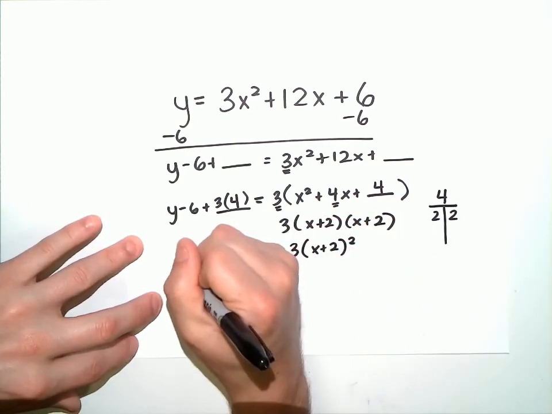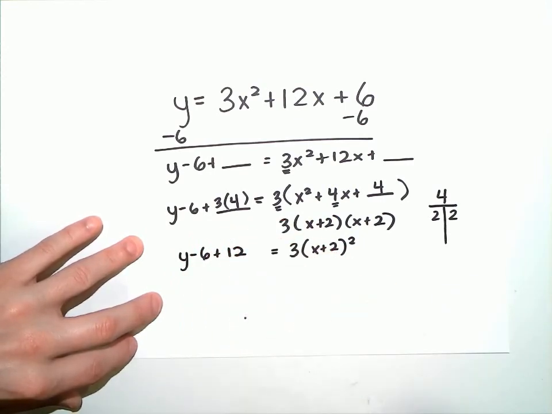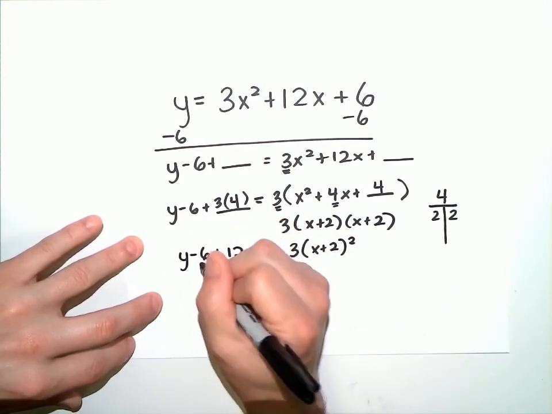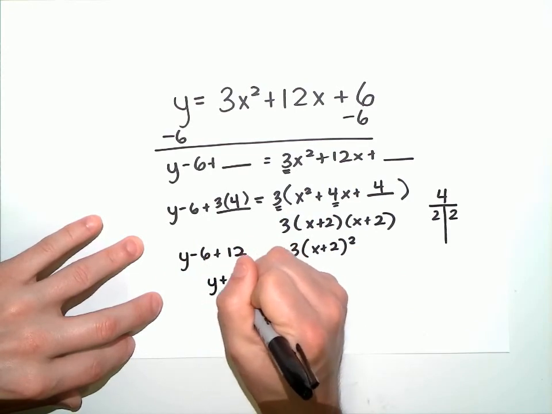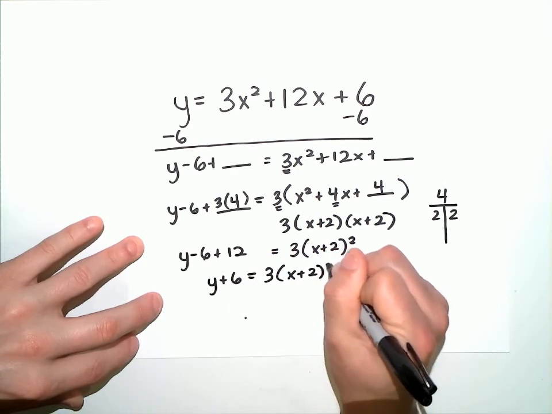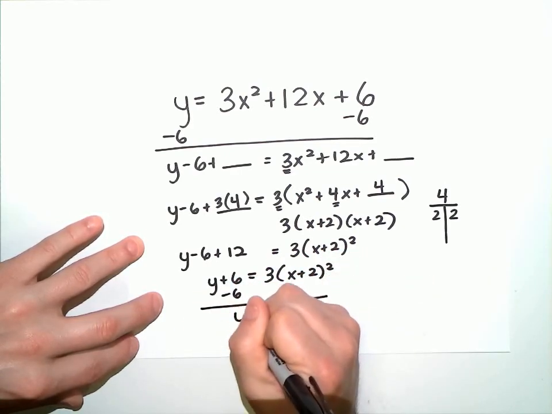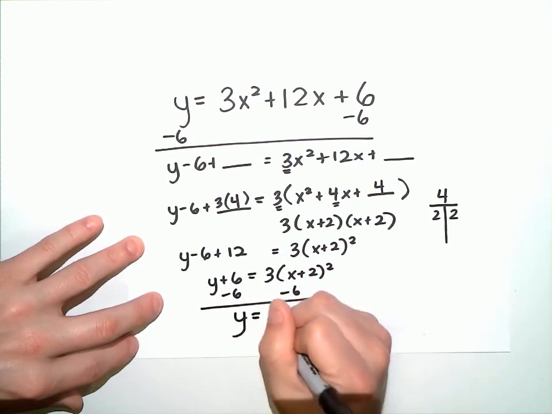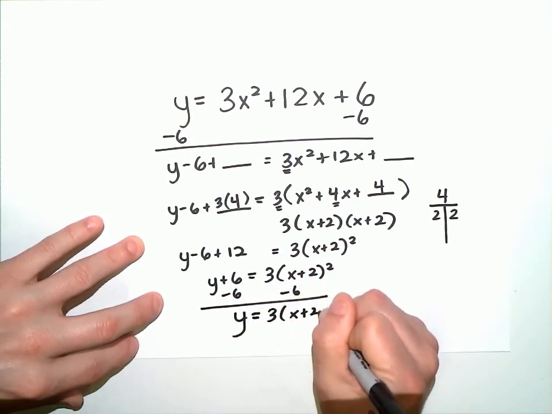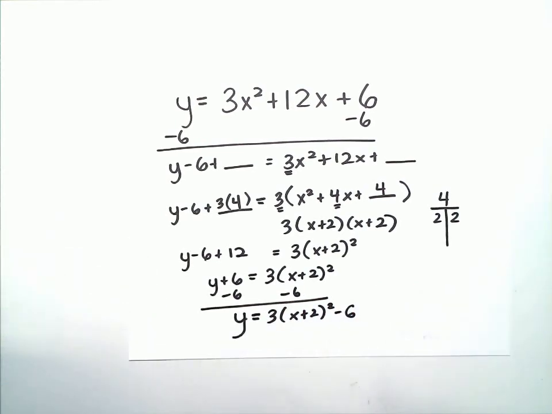On the other side, we have y minus 6 plus 12. And minus 6 and plus 12 will just become y plus 6 equals 3 times x plus 2 squared. And finally, we will move that number back over so we can get y equals 3 times x plus 2 squared minus 6.